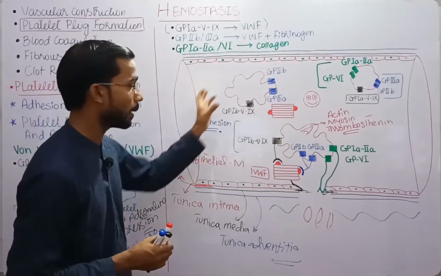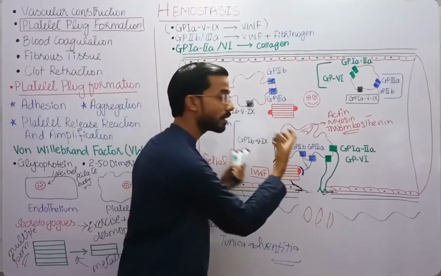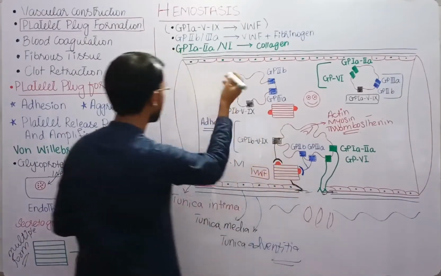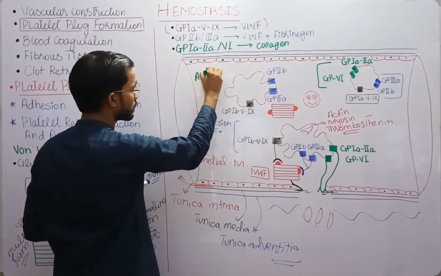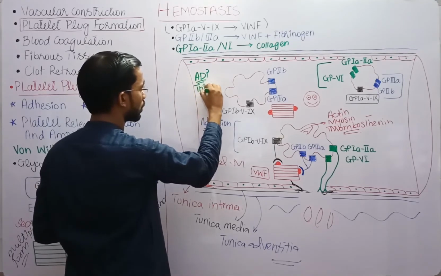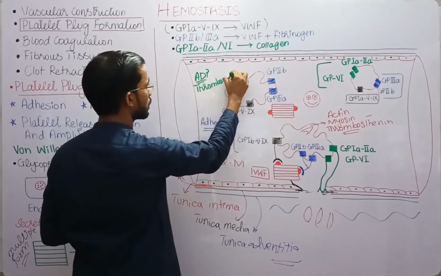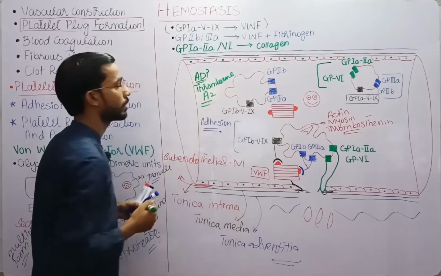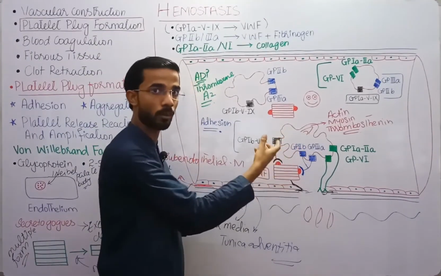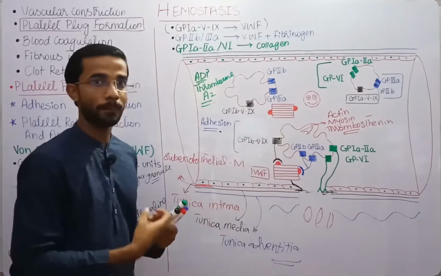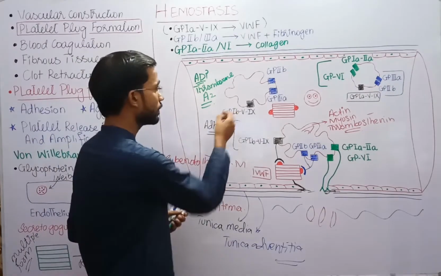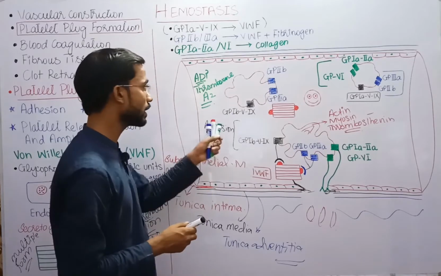Another platelets come. Why? This platelet releases a lot of chemicals, which can be like ATP or thromboxane A2, right? This platelet releases ATP or thromboxane A2, which attracts other platelets to come toward them, right? Here another platelet having glycoprotein.